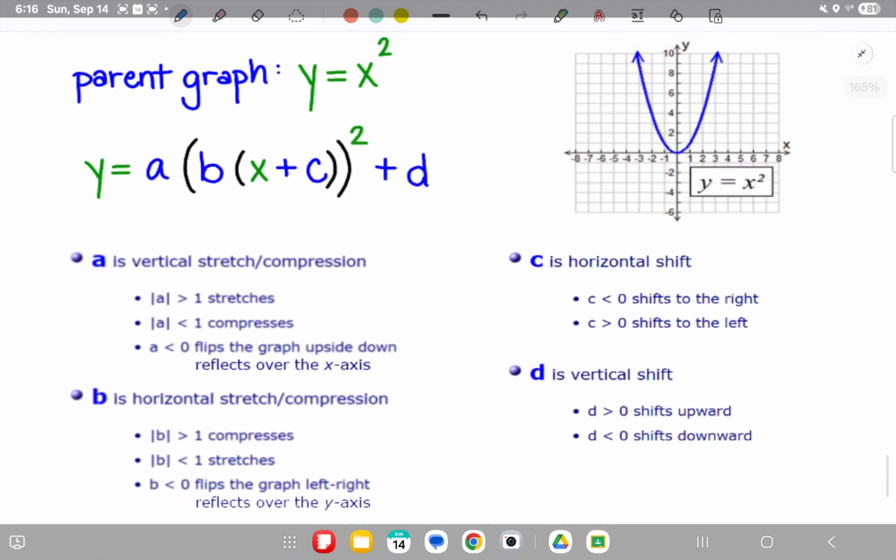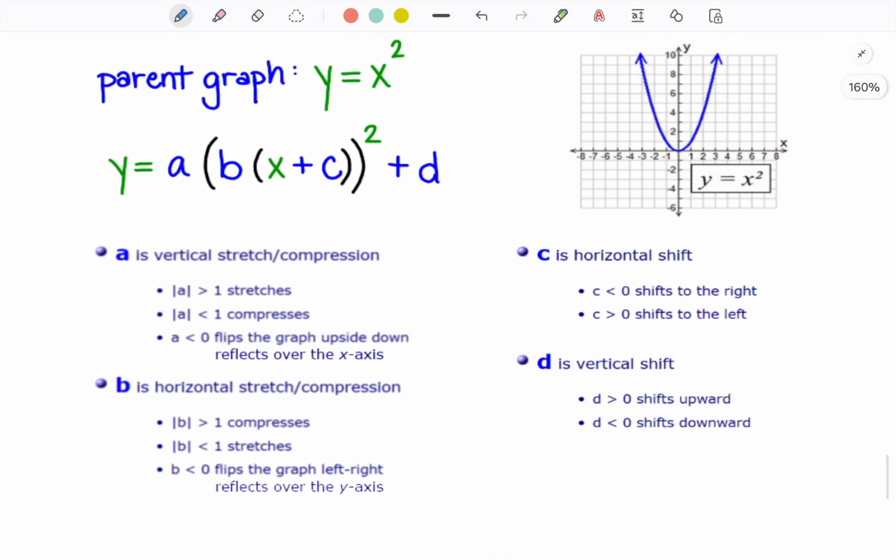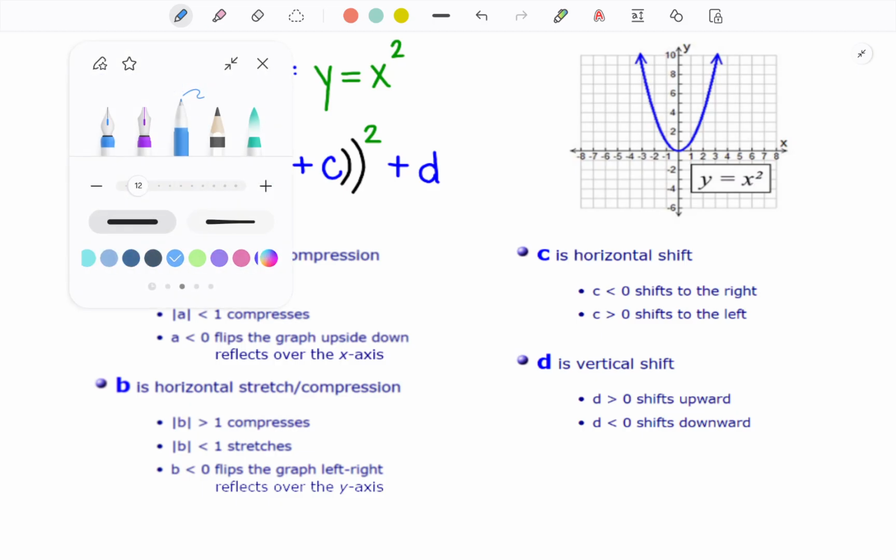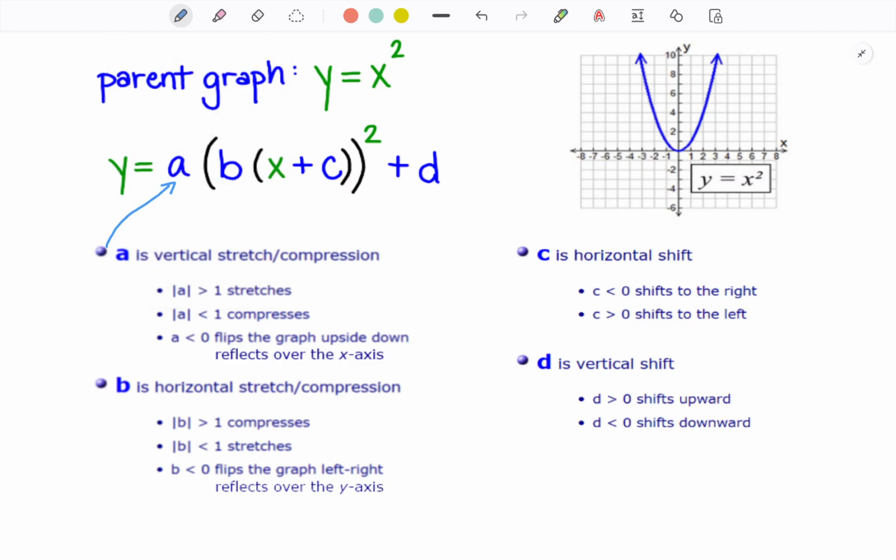Okay, and here's just a quick recap of everything. Pretty much just condensed. So if your parent graph is y equals x squared, then your A is your vertical stretch. And then your B is that horizontal stretch and shrink.